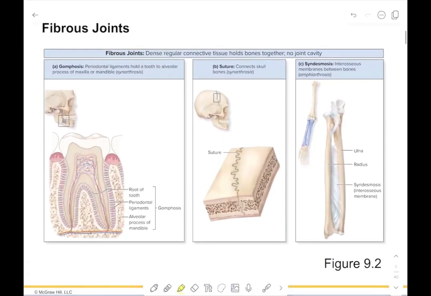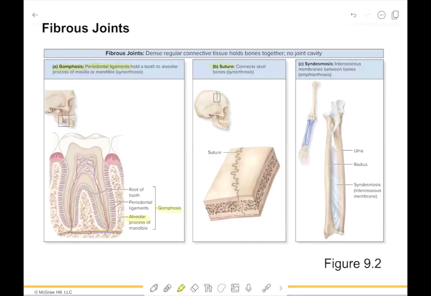Let's take a look at those three on a diagram. We see our gomphosis first. That's when there's a periodontal ligament that holds a tooth into the alveolar process of the mandible or the maxilla, called a gomphosis.